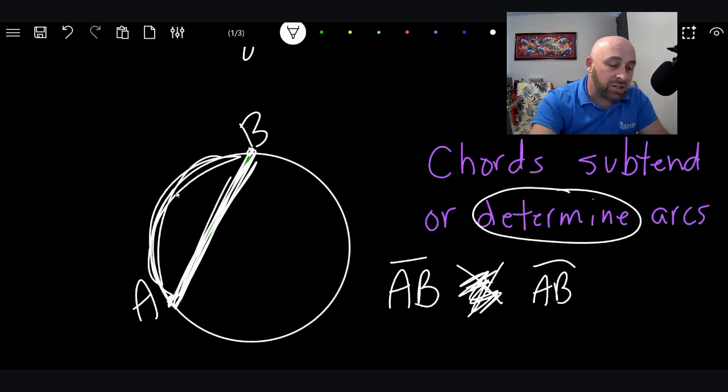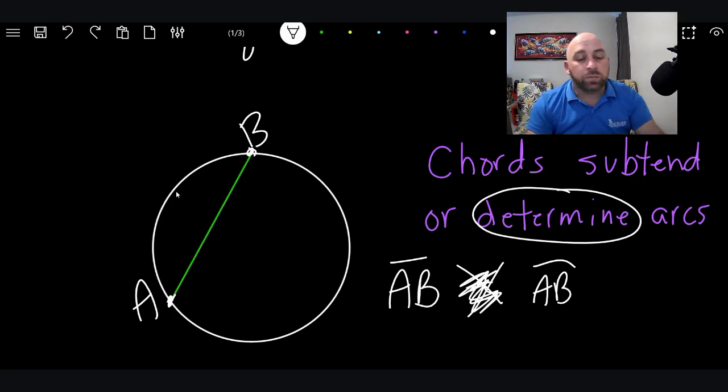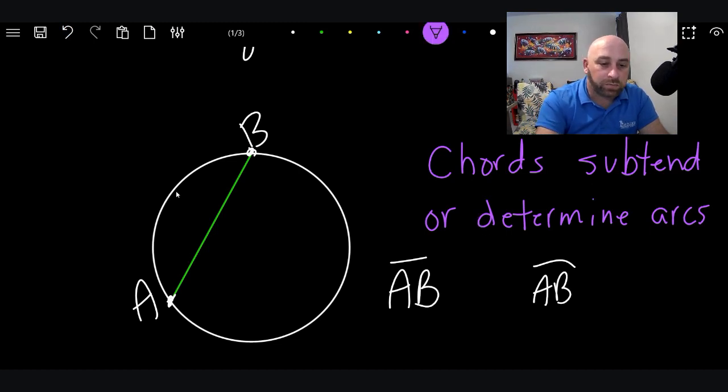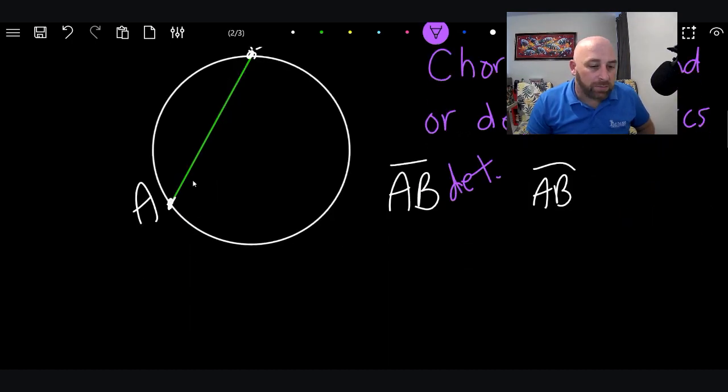That line determines the length of that arc right there. So we could say that line AB determines arc AB. Chord AB determines arc AB.